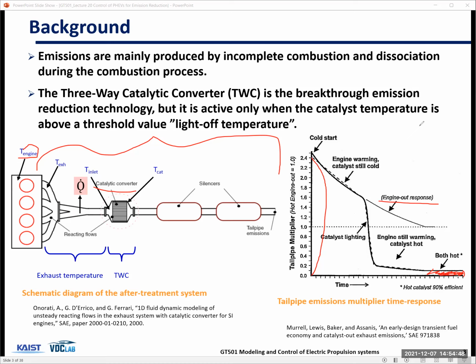It's chemical reaction and thermodynamics, and due to the cylinder wall temperature, the amount of harmful emissions changes. So when everything is warmed up, it reduces. Thank you, Professor. Yep.